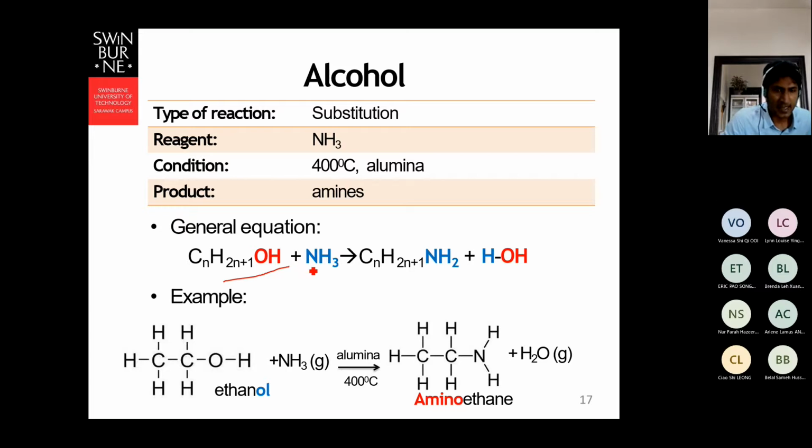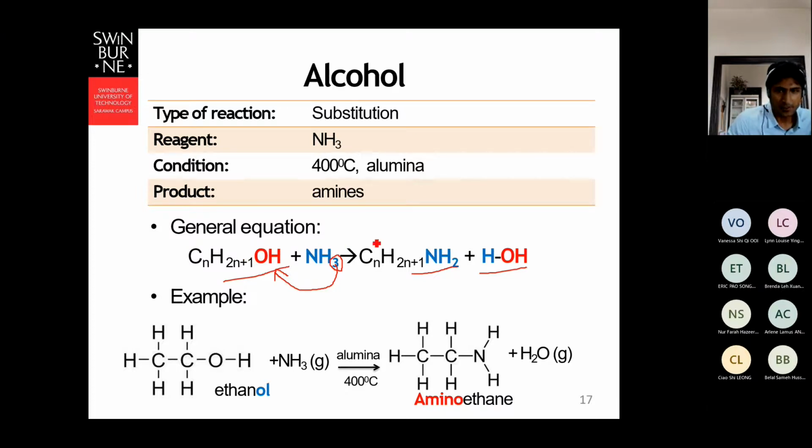So it will produce an amine as well, just like what we have seen before. It will produce an amine and a water molecule. The one hydrogen going away from here will join this team to produce water.